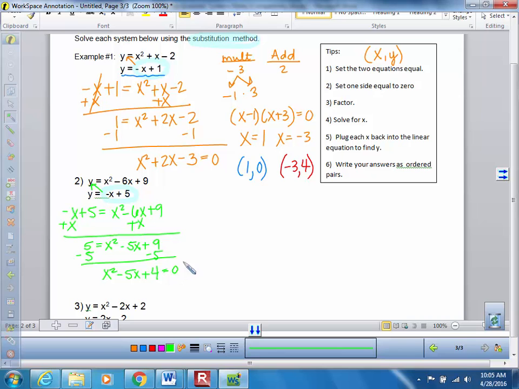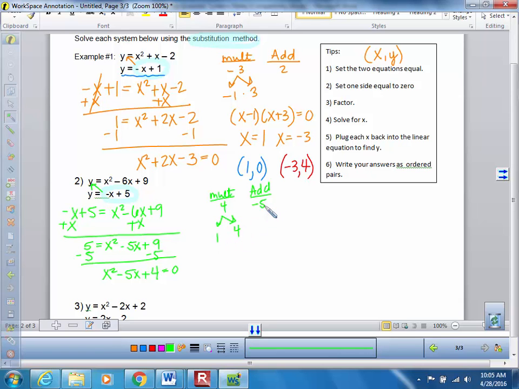Now, we need to factor this. So if we factor, we're looking for something that multiplies to give me 4 and adds to give me a negative 5. So what do y'all think? It can't be 2 and 2 because 2 and 2 doesn't add to 5. So what's the only other multiple of 4? 1 and 4.